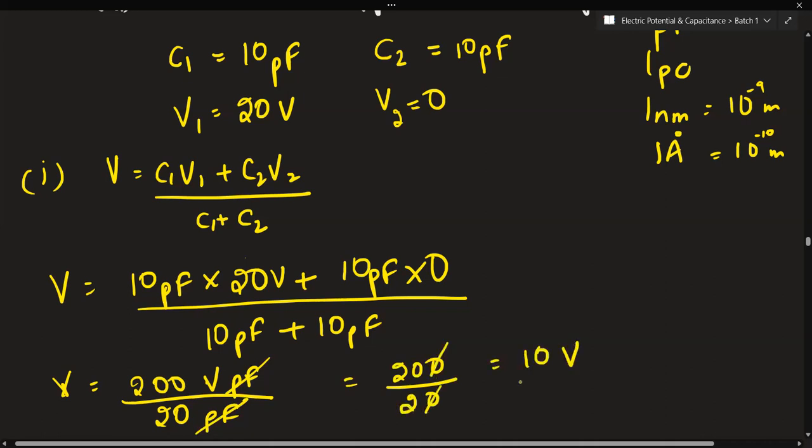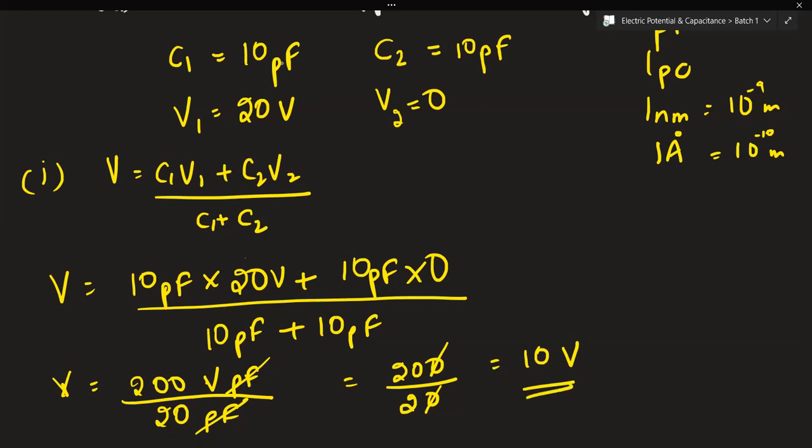Answer is 10. 10 volt is the right answer. What was the mistake done? Both of you, Madiha and Abia, in the calculation portion or in the formula? Oh no, ma'am, I actually multiplied. I didn't add. I did C1 V1 into C2 V2. Okay. Fine. And what about you, Abia? I made a mistake in the formula.